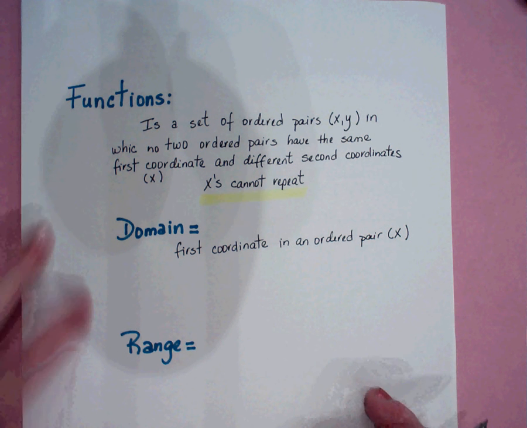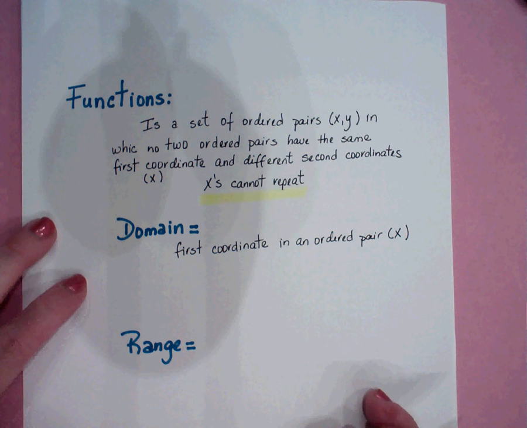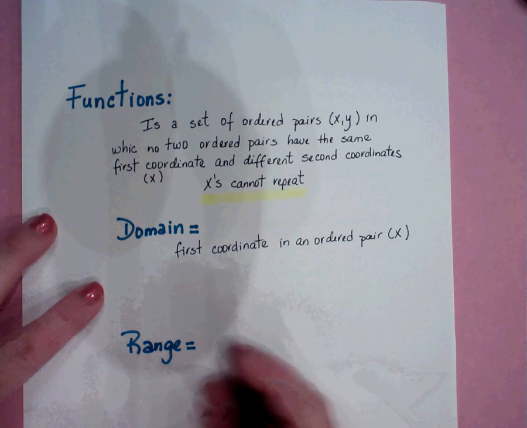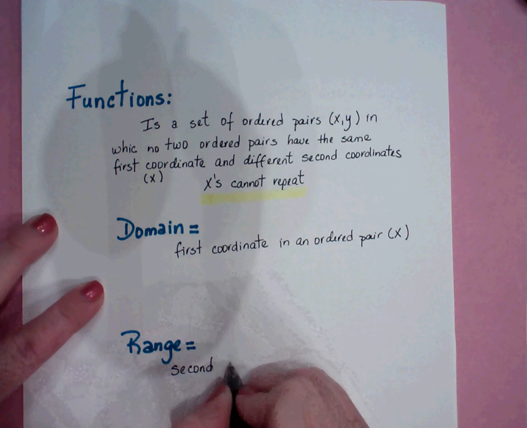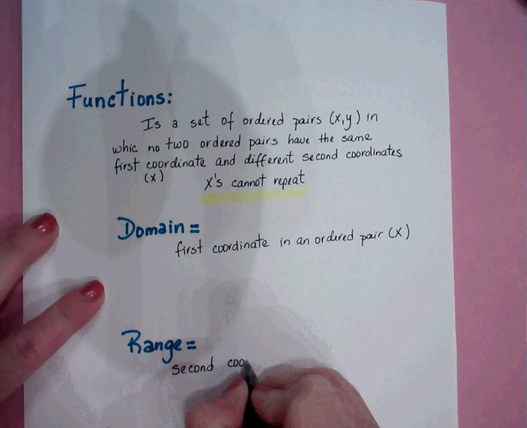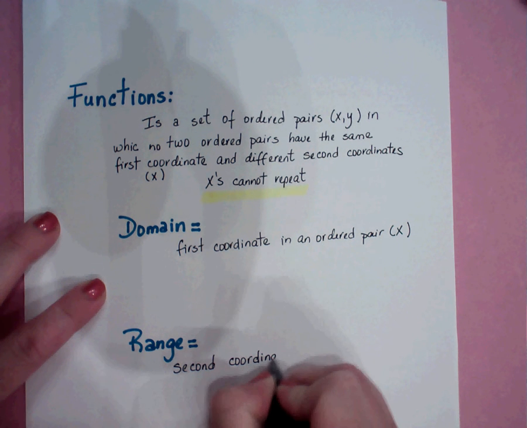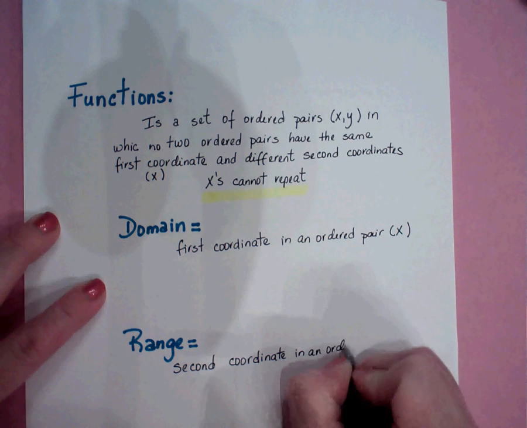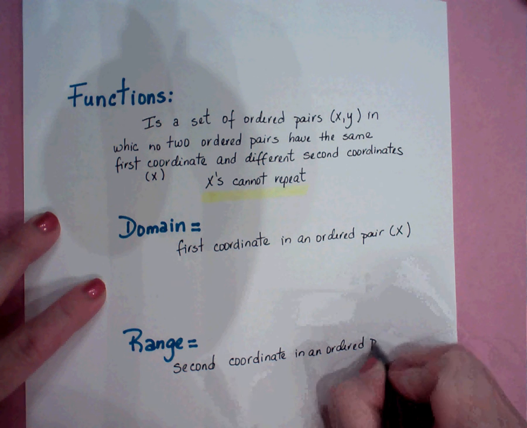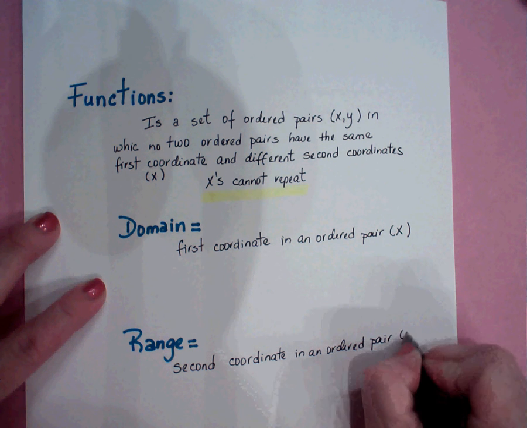And then the range, guess what, is the second coordinate in an ordered pair. So this will be your y.